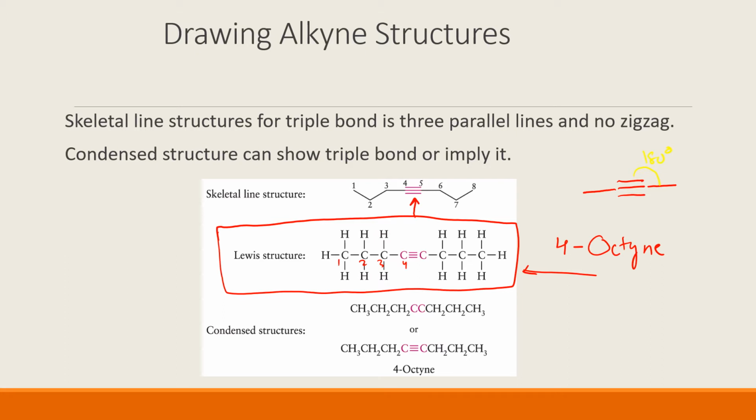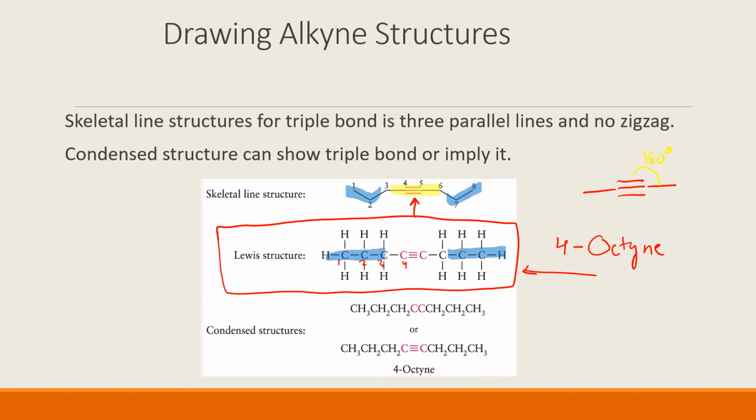So at the triple bond position, the alkyne molecule will be linear, and zigzag notation is not used at the triple bond carbon atoms. However, in the remaining structure where we have single bonds, we do use the zigzag notation to represent the single bonds.